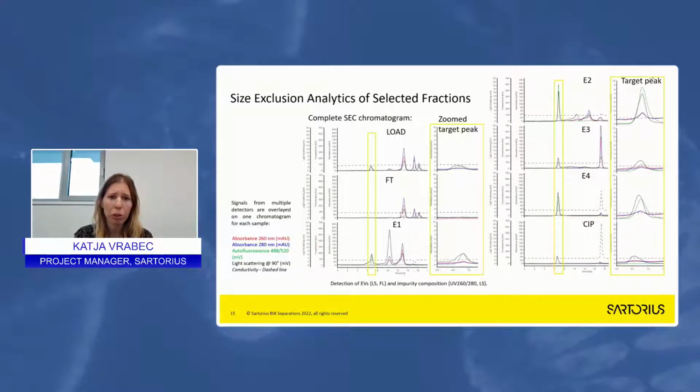You can see the complete chromatogram and also the zoom in of the target peak, so only void volumes, only where we see the EVs eluting. Here we have detection of EVs by fluorescence and light scattering, but we can also monitor the impurity composition by UV signals.